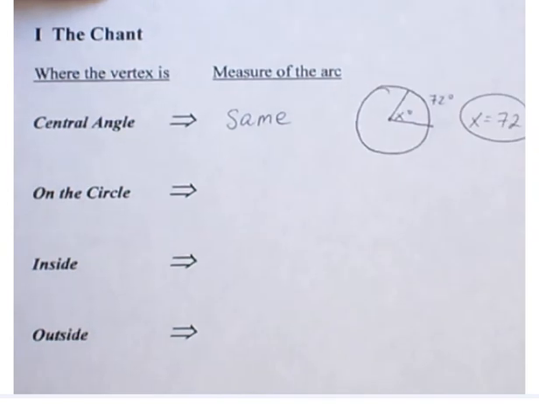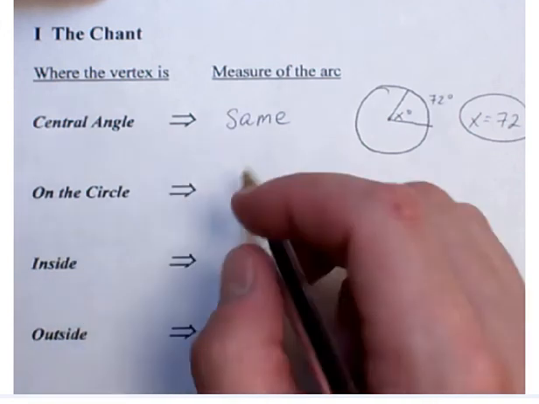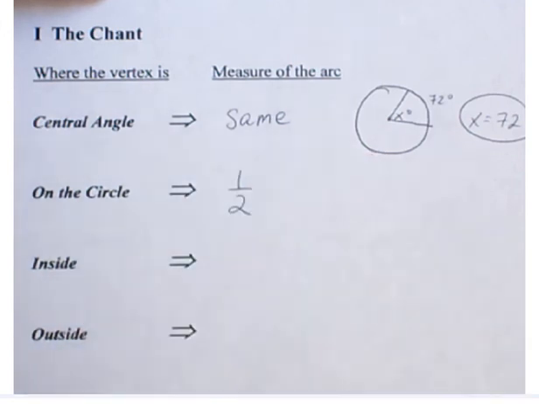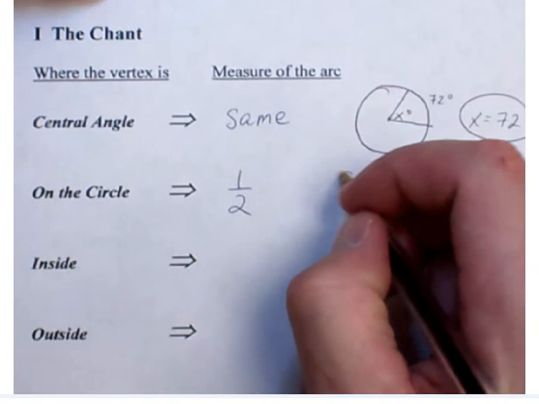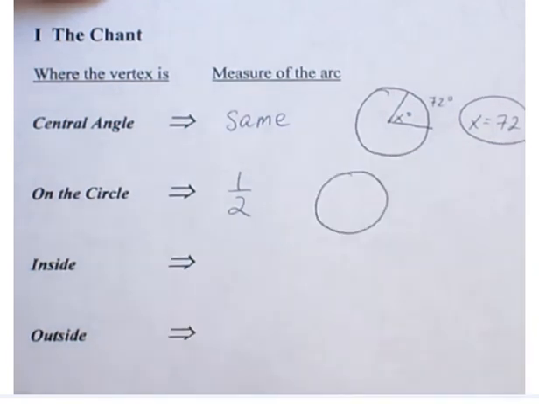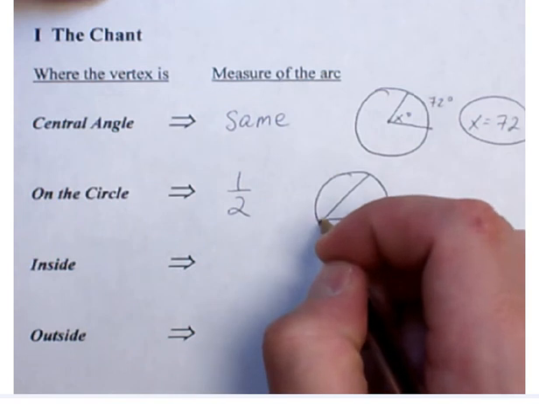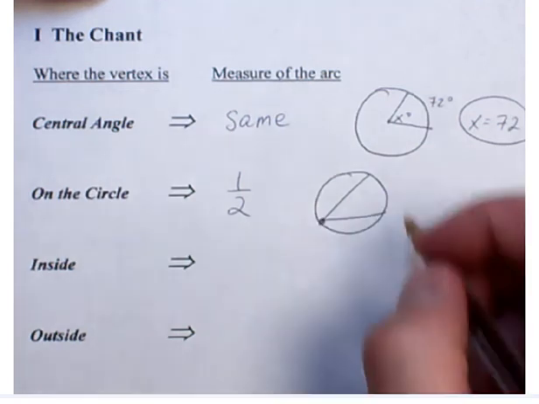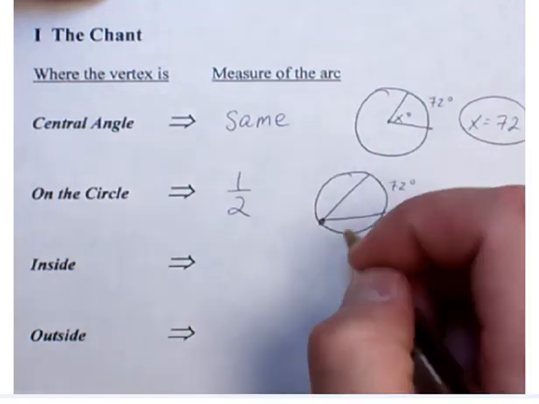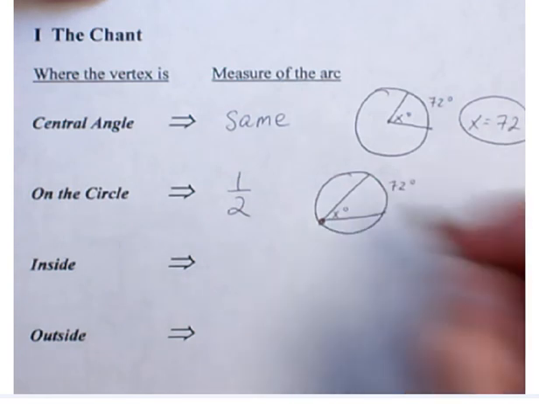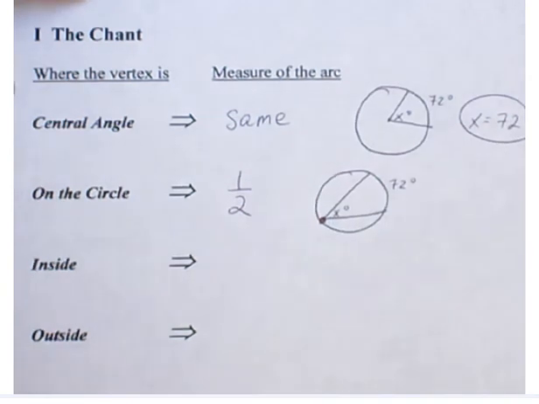If the vertex of the angle is on the circle, it is half the measure of the arc. So another circle. Let's make the angle now inscribed. Now the vertex is on the circle, and let's say the arc measure is 72 degrees, and x is the angle measure there.